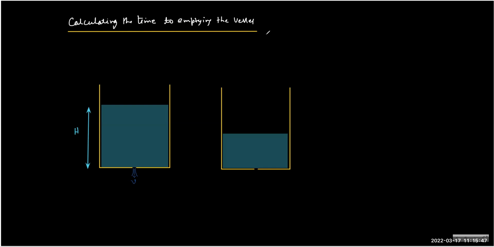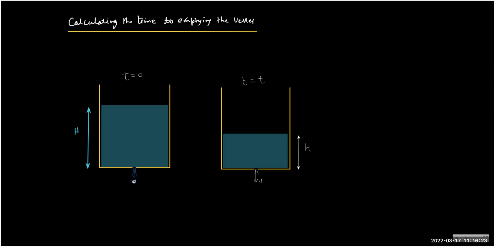So, let's say at some random instant t, the height left is small h. And now, of course, let's say this velocity. So now this is t equals 0. This is t equals t. And I want to know when this will be completely empty once you open it.